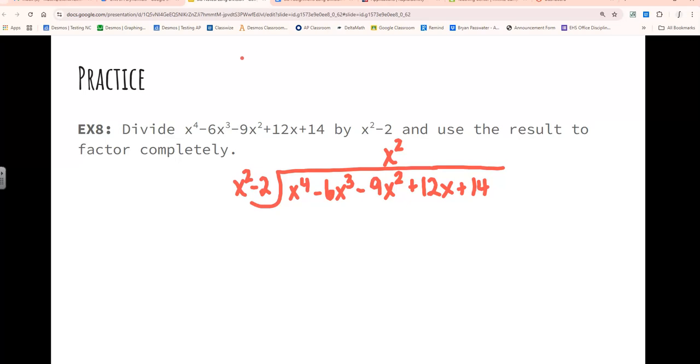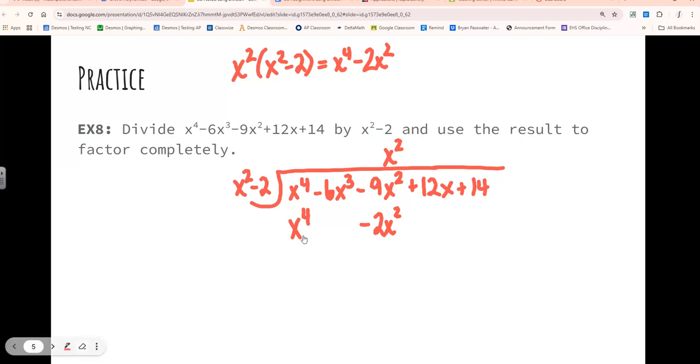So, you've got to do x squared times x squared minus 2, which is going to give you x to the 4th minus 2x squared. Okay? So, be careful when you put this here. That x to the 4th goes here, but the 2x squared has to go underneath your x squared term. Okay? So don't put it underneath the x to the 3rd on this one.